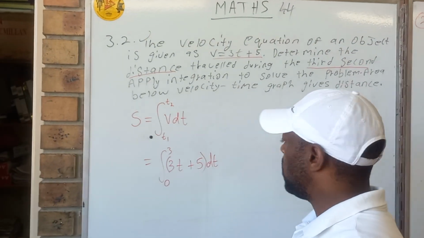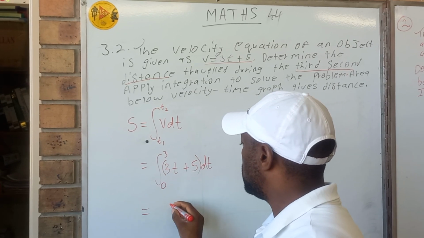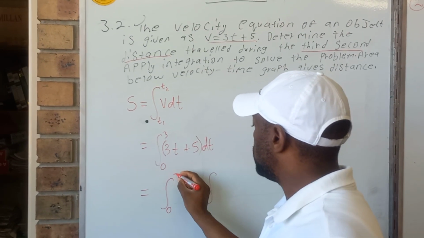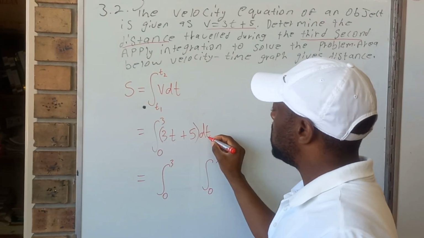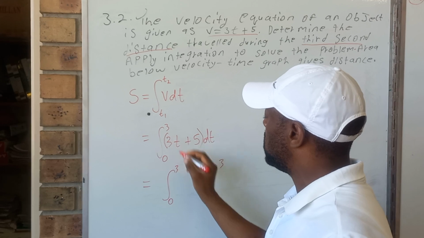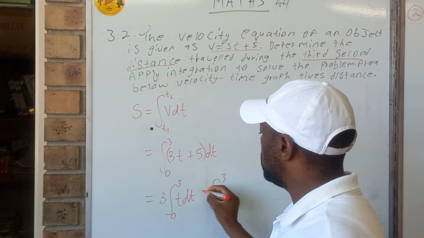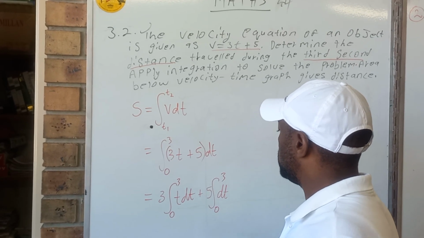Then you start applying your normal rules of integration. There are two terms here, so I need the integral sign 2 times, all from 0 to 3. Here our variable is now t, so anything that is not t is a constant. The constant goes out, the variable stays in.